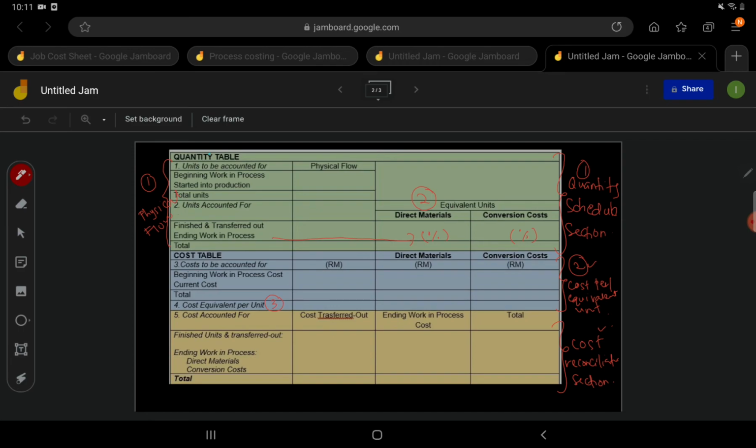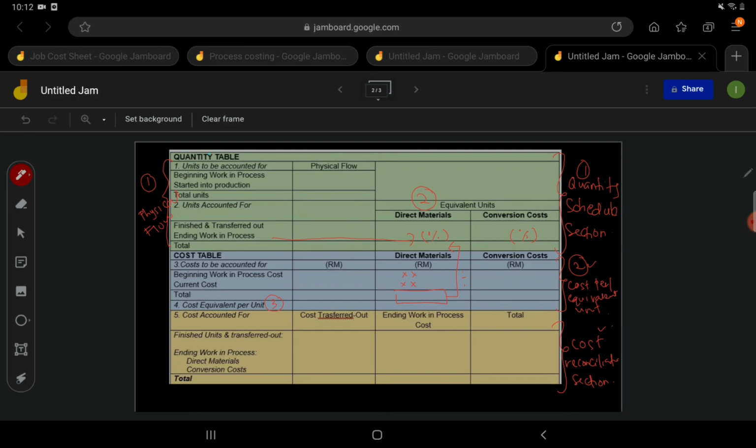Under the weighted average method, it is done by dividing the total of beginning inventory cost and cost added during the period by the equivalent units of production computed under the weighted average method. Okay? Beginning work in process cost at current cost, and then the total cost will be divided by the total equivalent units.